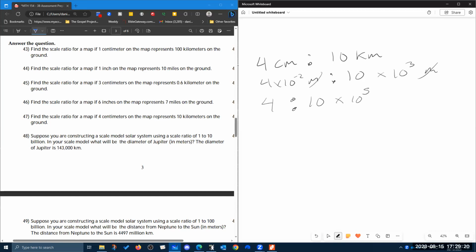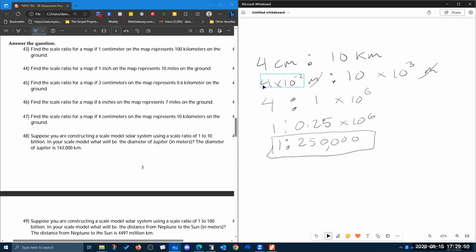So let's just make this 1 times 10 to the sixth here to make my life easier. 1 to 1/4 of 10 to the sixth. It's 1 to 2, 5, 1, 2, 3, 4. So 1 to 250,000 is my scaling factor.